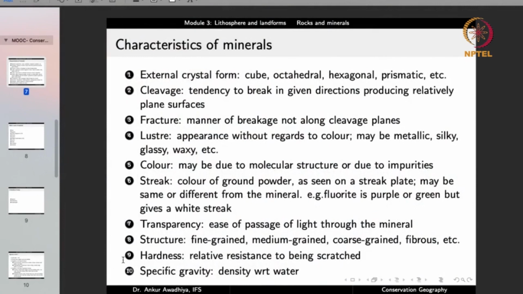One characteristic that is easy to understand is hardness, the relative resistance to being scratched. So hardness asks the question, is the mineral hard or is it soft? Now how do you identify the hardness? You just take two minerals, one is your known mineral, one is the unknown mineral. If using your known mineral you try to scratch the surface of the unknown mineral, will the known mineral be able to put a scratch or not?